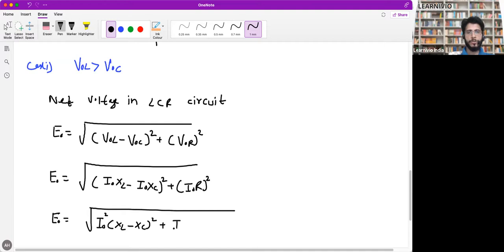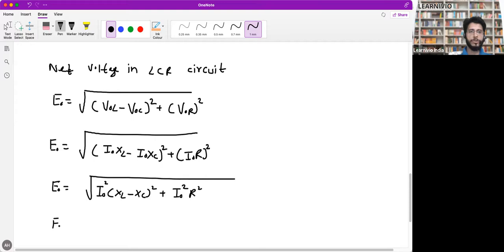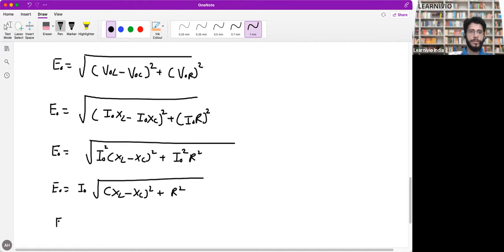Again, this is I naught square R square. You can take I naught common and take outside. So when you take I naught square outside, this will be I naught root over (XL minus XC) square plus R square. You can write this E naught by I naught as Z. E naught by I naught is root over (XL minus XC) square plus R square.